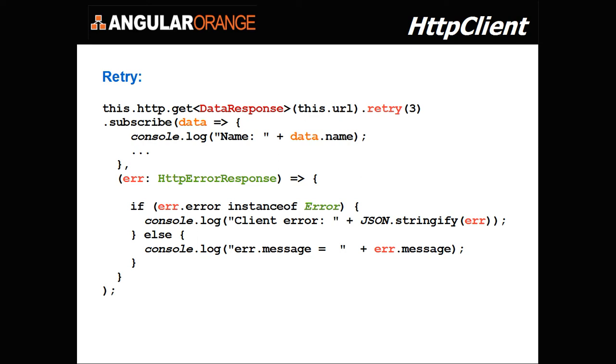On the 4th time, it goes into the subscribe block. So let's say your server's down and someone's rebooting it. It'll retry once, retry twice, retry 3 times, and then it would go into the subscribe block. You'll either see an error saying that you got a server error, you get a 404 error, or you'll see that you're successfully executing. You'll see that the log of your data name has appeared or whatever.